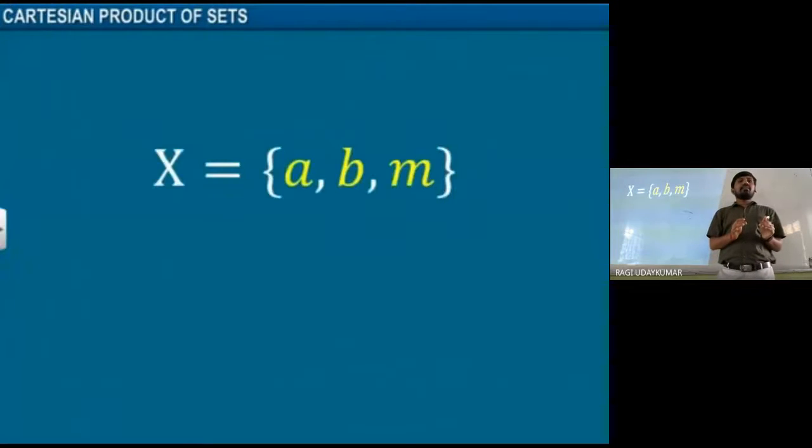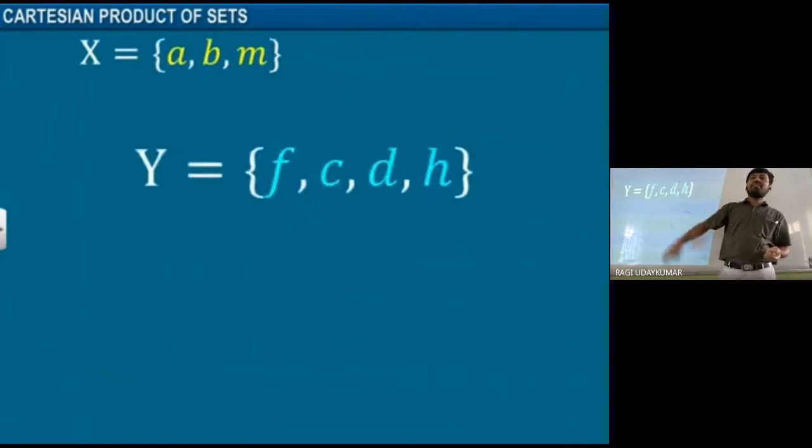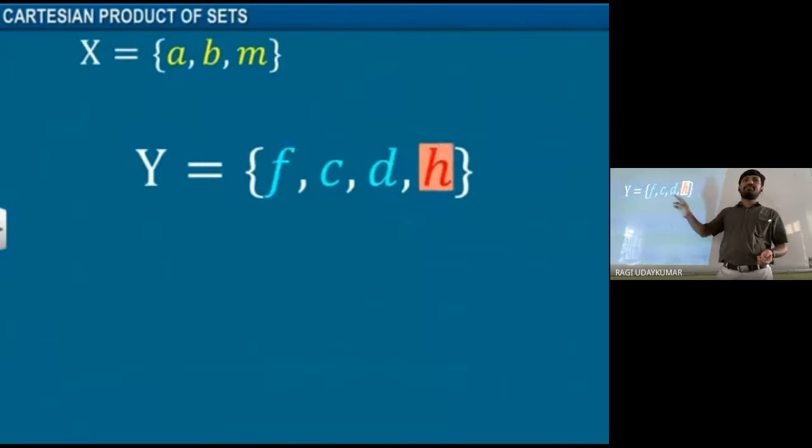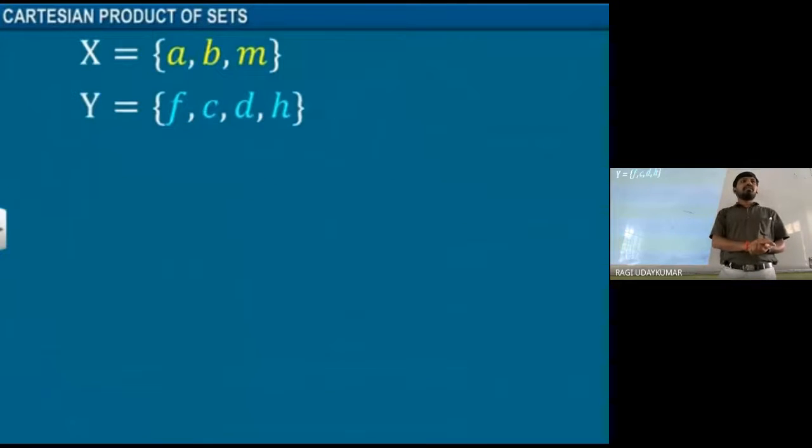Now, suppose a set X contains three elements a, b and m, and Y contains f, c, d, h. These are the two different sets we are taking. Till now we have done union, difference and intersection of two sets.